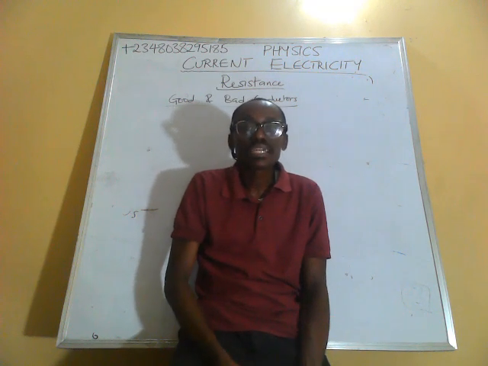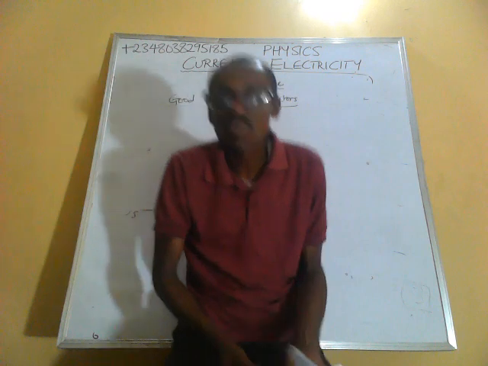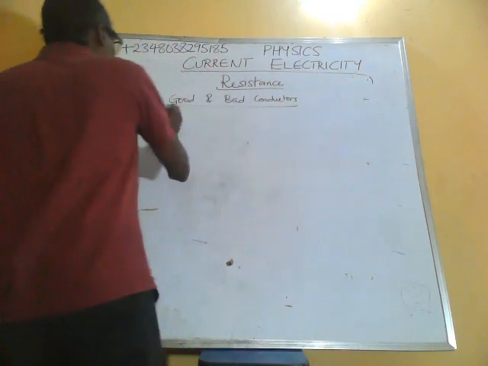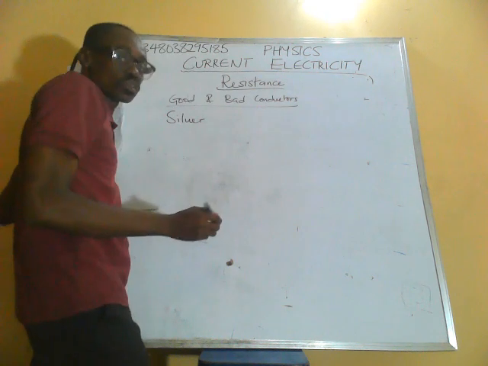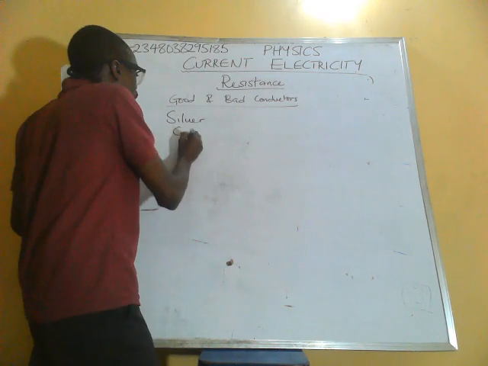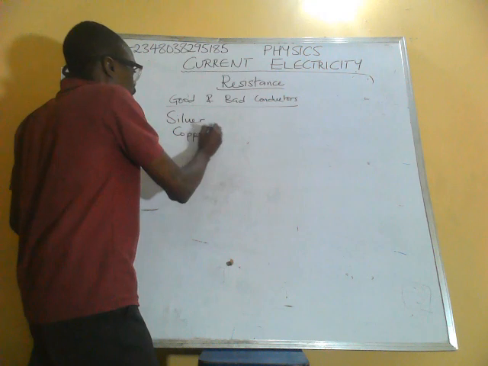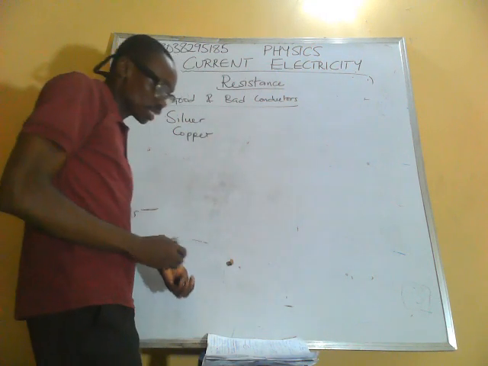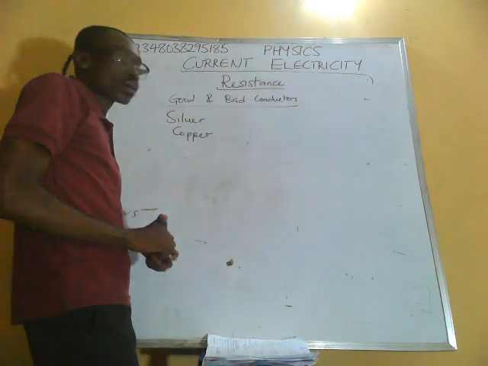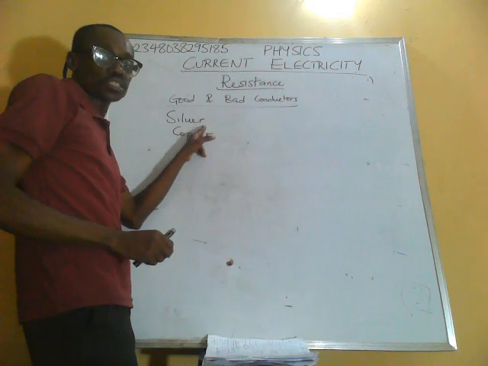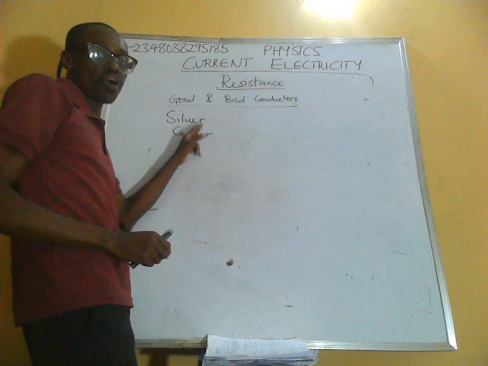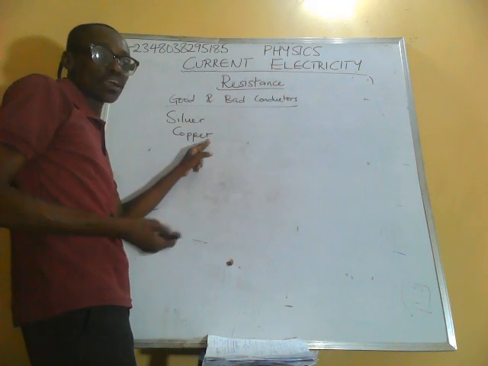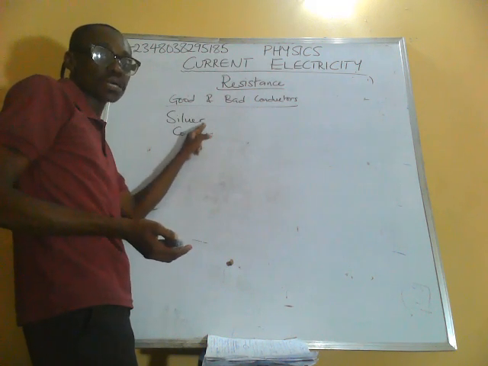Now, which is the best conductor? The best conductor in the world is silver, followed by copper. But we don't use silver readily because silver is very, very expensive. Copper is cheaper, and copper is equally good, but silver is the best.